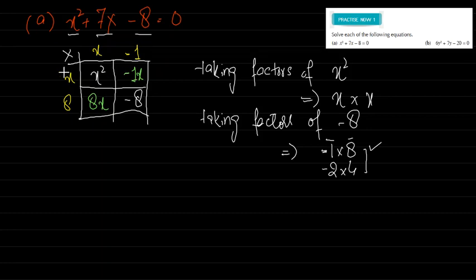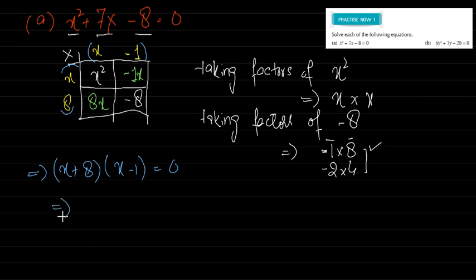Now what will be the final solution? Final solution will be this into this. So the final solution will be x plus 8 into x minus 1, which is equal to 0.